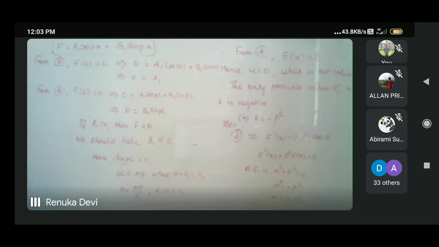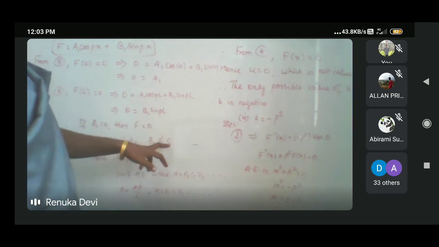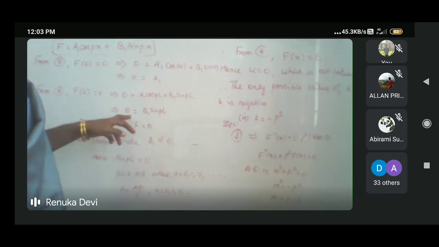So particularly, if you take this b1 not equal to 0, if I take b1 equal to 1, what do you get?